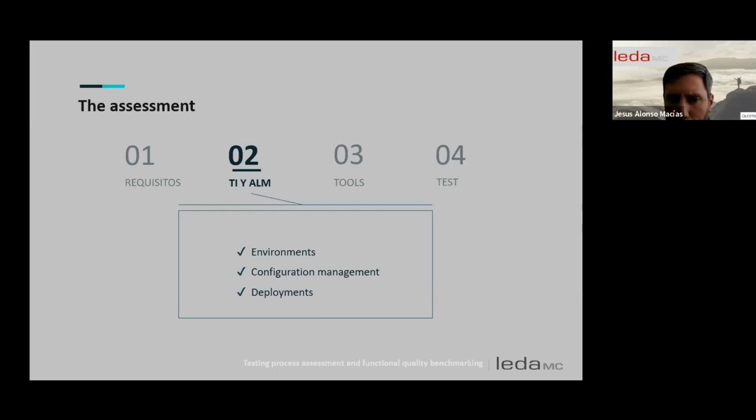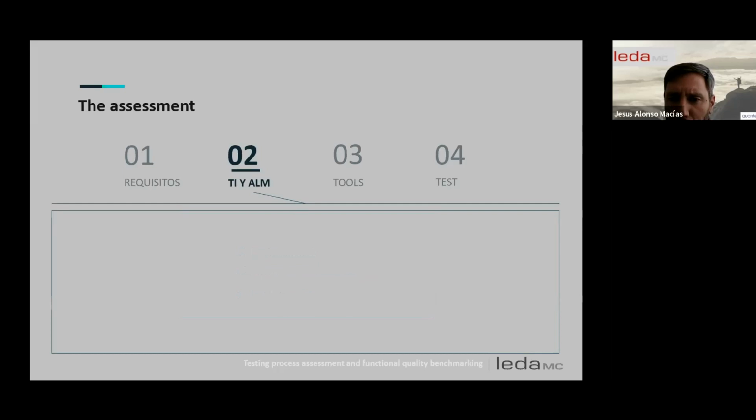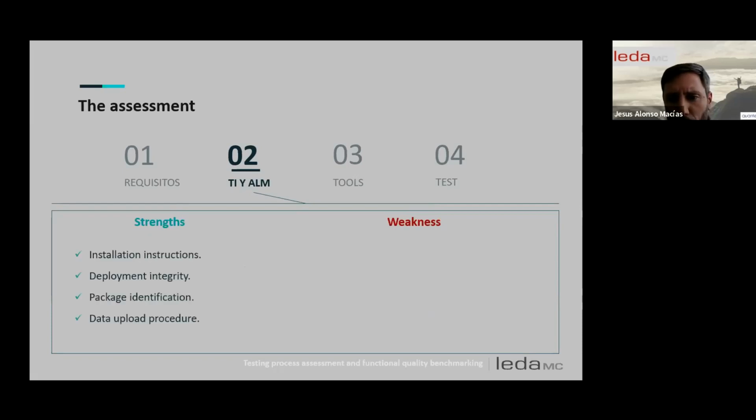There is another example here of strengths and weaknesses regarding IT and ALM. Among the strengths, highlight that they had documented deployment instructions, and there were defined procedures for reading data from the environments.